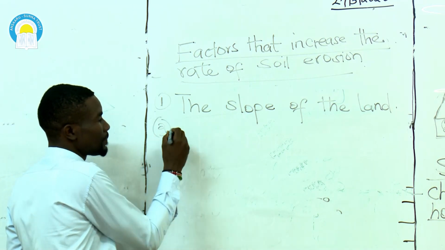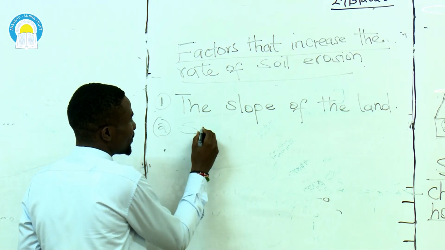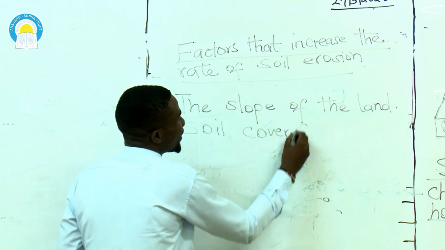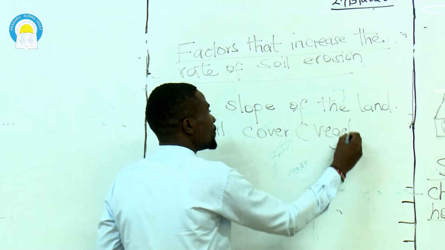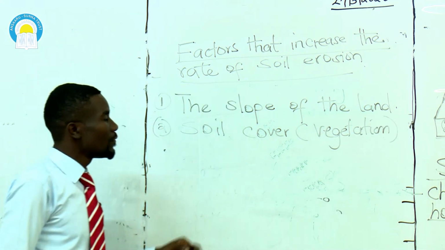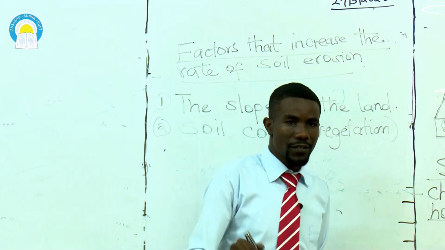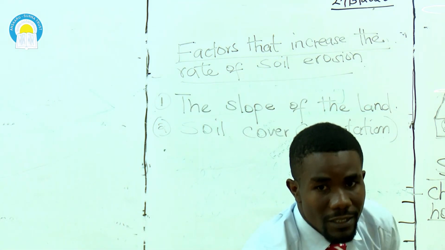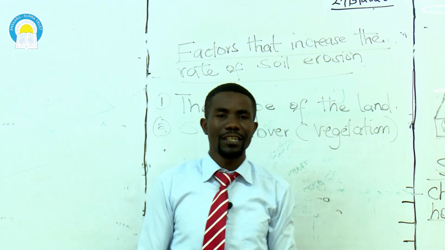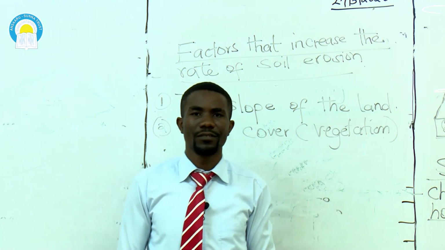Number 2 here, we talk about the soil cover. Soil cover, that is vegetation. If the land is bare, the rate of soil erosion on that land is very high as compared to a land which has got trees.